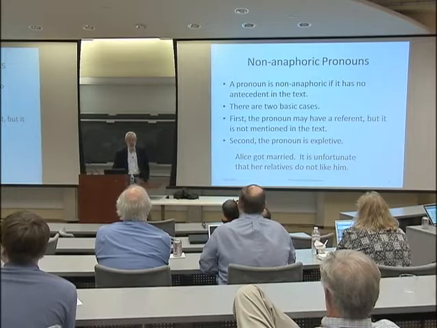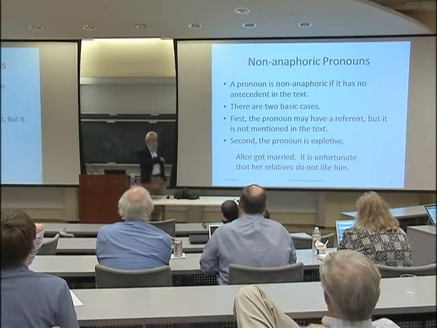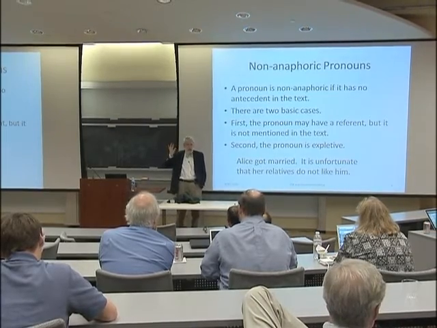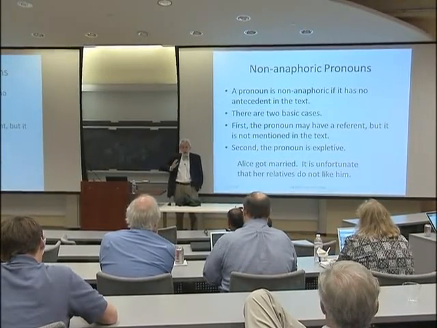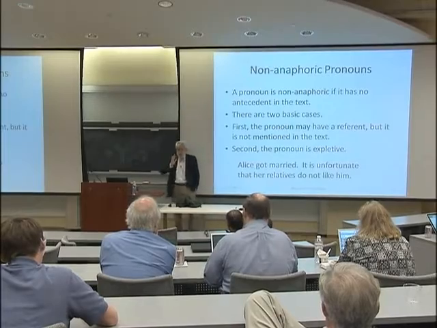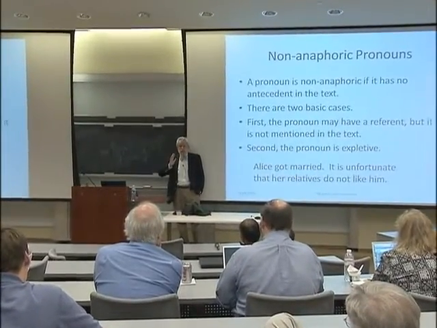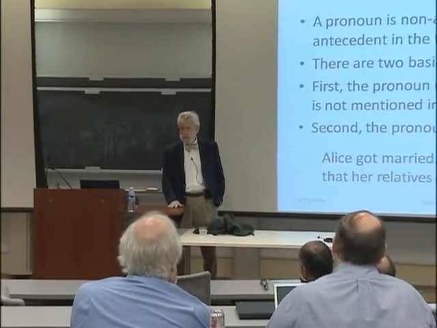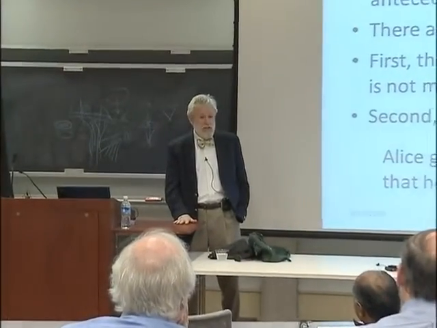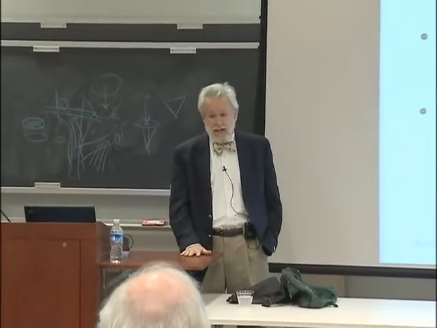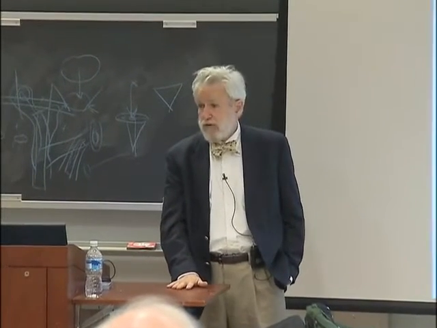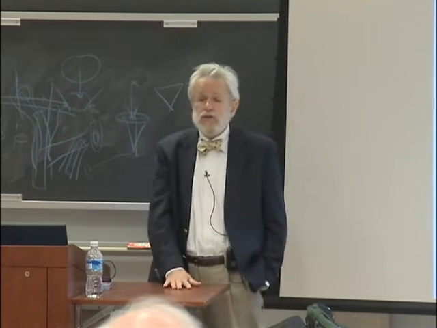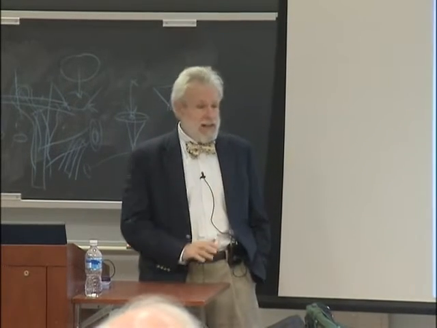So in either case, we're just going to say that this pronoun has no antecedent. And in my talk, I'm only going to count things right if, when I guess that it has no antecedent, it has no antecedent. And if I do guess that it has an antecedent, then I have to figure out correctly which one it was. I am not required to guess why it doesn't have an antecedent.